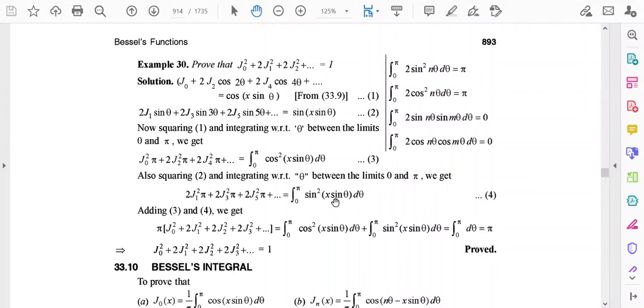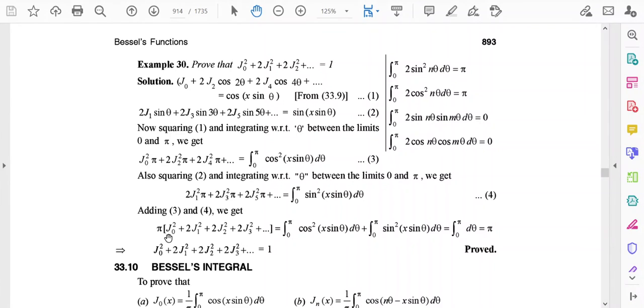Now we will add equations 3 and 4. On one side we obtain the integral from 0 to pi of cos square x sin theta d theta plus the integral from 0 to pi of sin square x sin theta d theta. When we add them, we know that cos square plus sin square is equal to 1, so ultimately we obtain pi only.